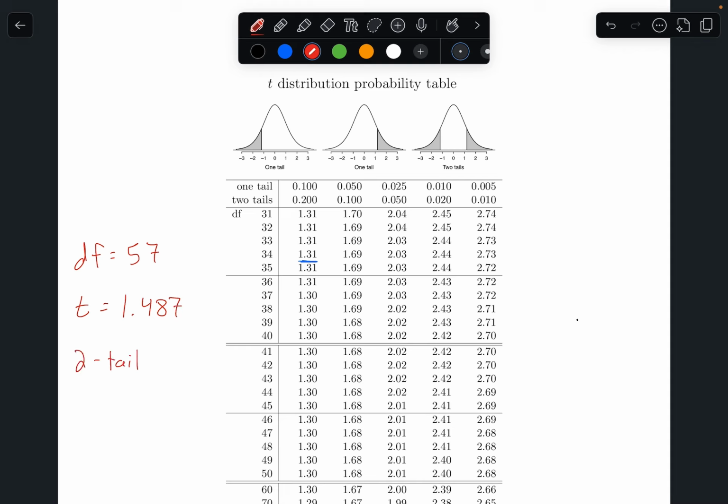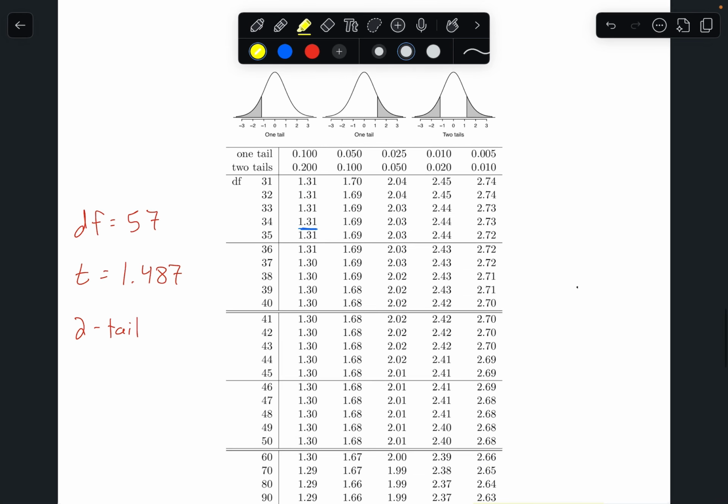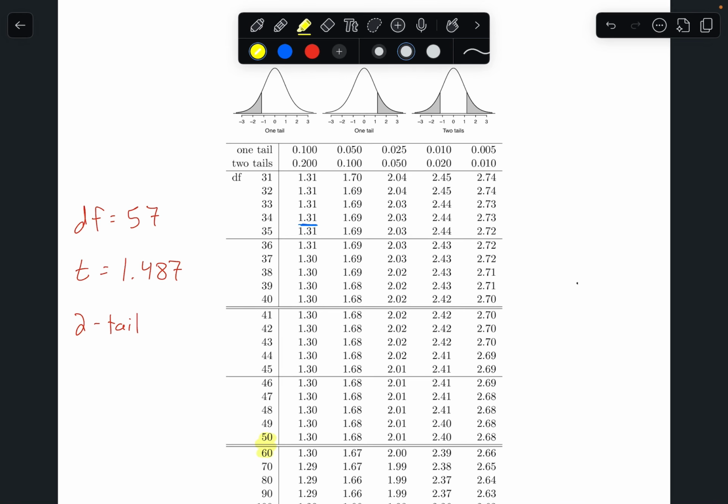So, okay, first of all, let's find our degrees of freedom. 57 does not appear right here. So remember, it's the same kind of rule that we talked about for confidence intervals, where we're not allowed to go up for degrees of freedom. We have to go down, which means we're going to be using the degrees of freedom of 50 right here for our problem. And then I'm going to look for 1.487 within my row, and in this case 1.487 is already positive.